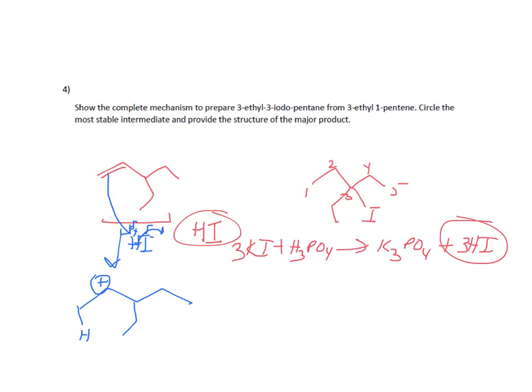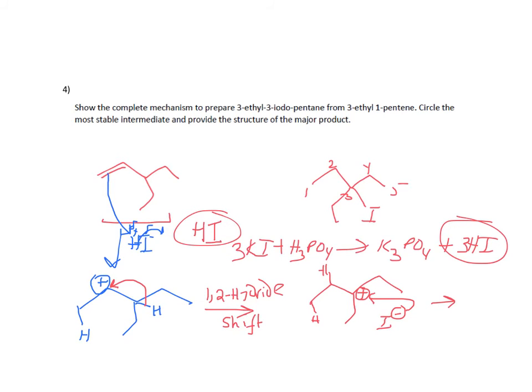Notice that is in vicinity of another position where you have a hydrogen, and if that hydrogen moves as a hydride over to the next position, so if you have, in other words, a 1,2 hydride shift, you are going to end up with a more stable tertiary carbocation. And this is where your I minus is going to attack and give you your product. So that's how you get the product.